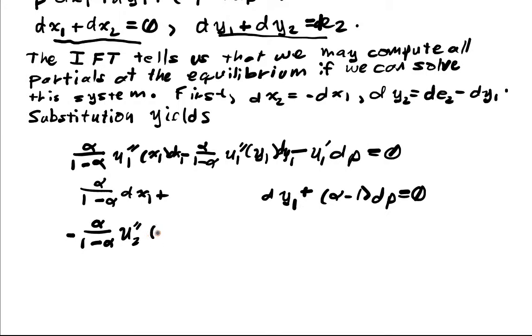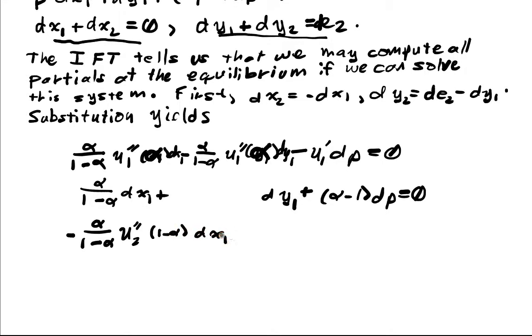So I have u2 double prime of, right, this was at equilibrium, right? So in fact I know that at equilibrium this is alpha and this is alpha, right? And at equilibrium, x2 is 1 minus alpha.